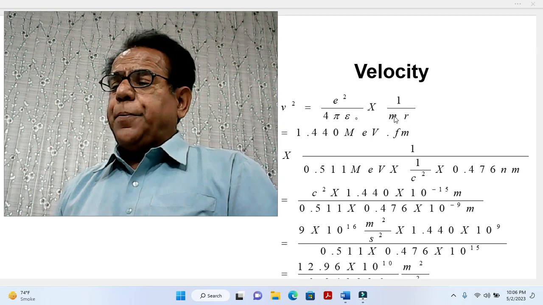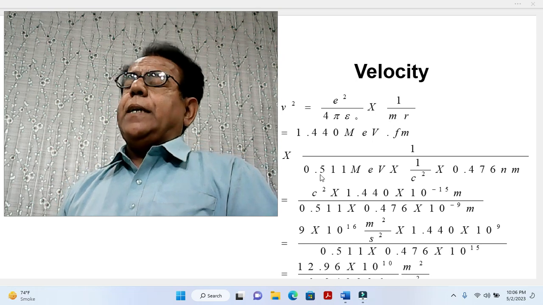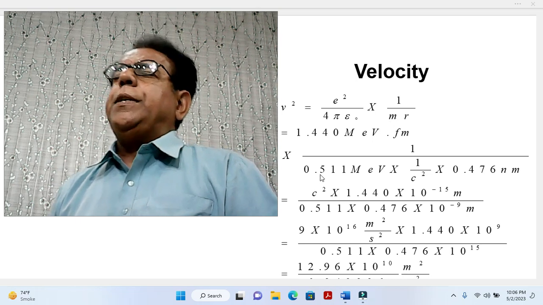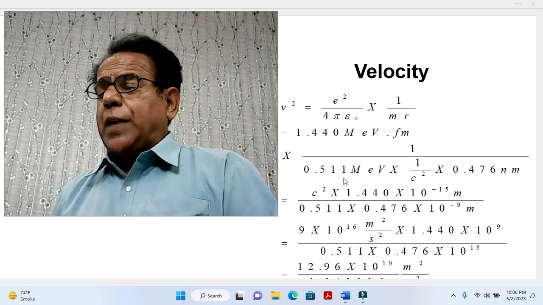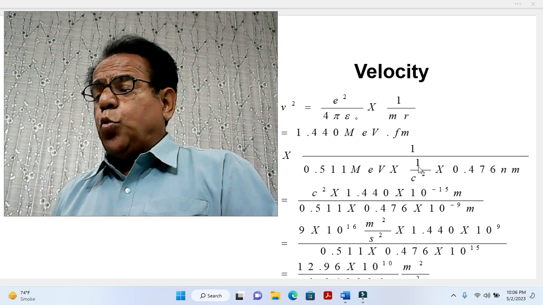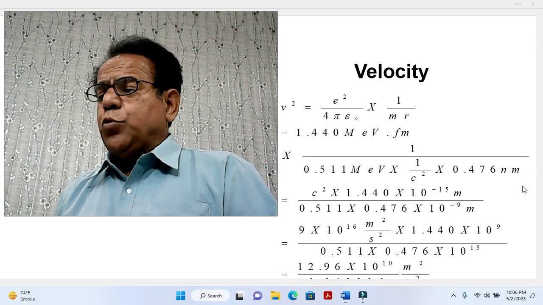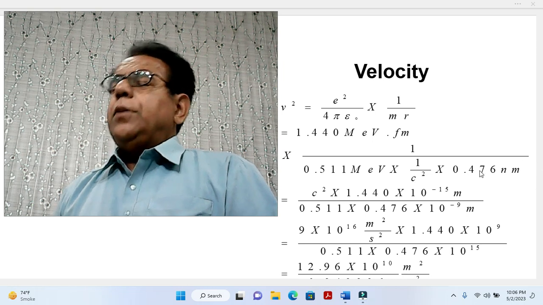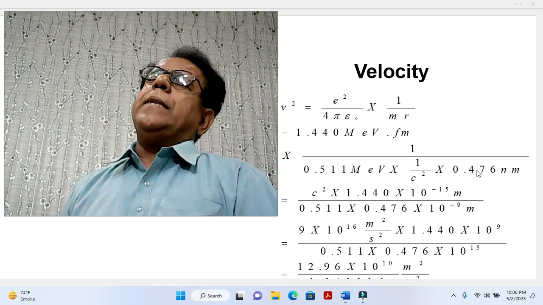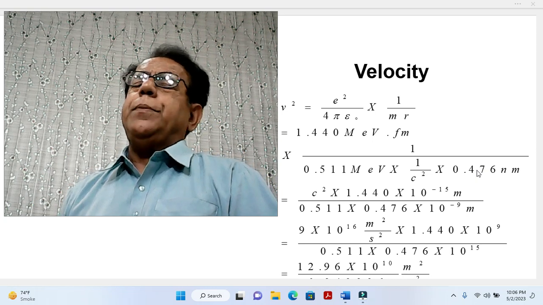Because this m, as per the table included in our toolkit, is equal to 0.511 million electron volt over c square, into, in place of r, we have used that value, which we had assumed may be written as half nanometer, approximately.